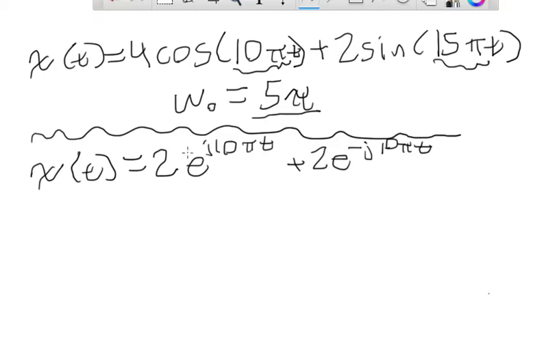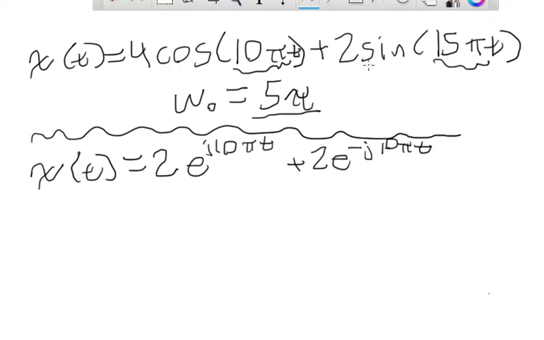And remember from Euler's formula, this gives you a cosine real part and a sine imaginary part. Similarly here, the cosines combine together to give us this 4 cosine, the real parts, but the sine that comes from this part has a minus, so the sines cancel. And then we get just the real part left with the cosine.